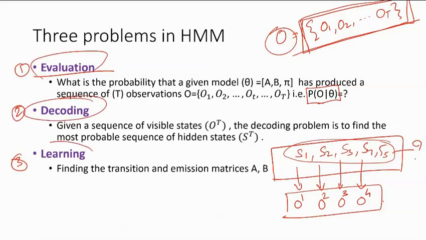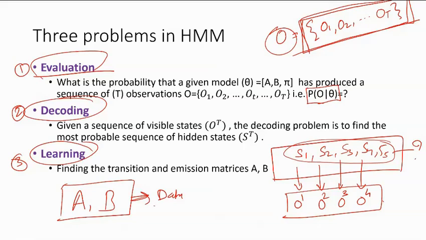Now the last one is learning, that means finding out A, B, these transition matrices, from given data. So this is the learning problem, that means training of the HMM.